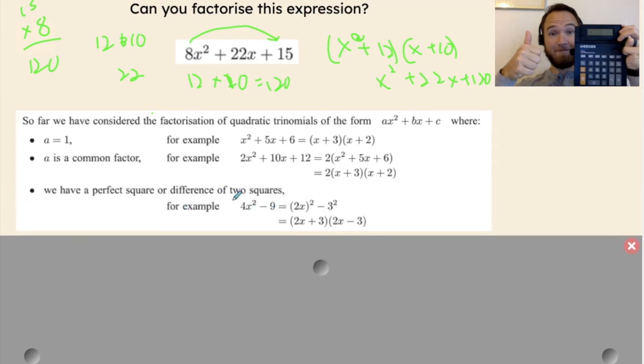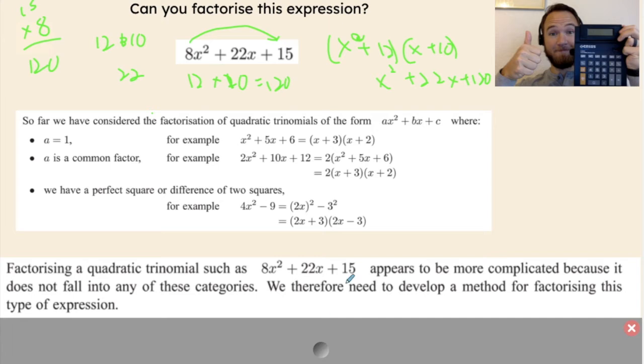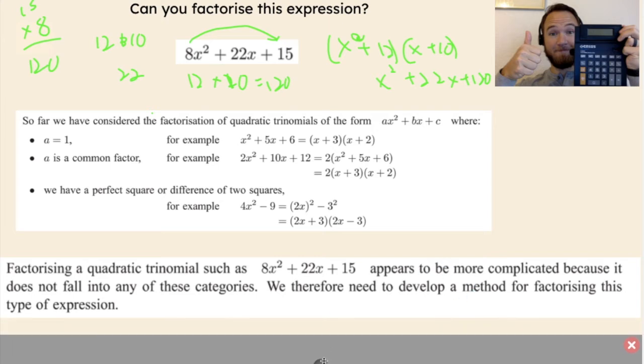So if we have something like a square minus a square, we know how to do that as well. However, this example doesn't fall into those. There's nothing that 8, 22, and 15 share, so that doesn't work. And they're not perfect squares, so that doesn't work. So we need to develop a method for factorizing this type of expression.